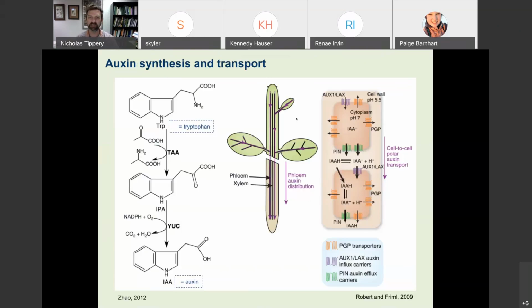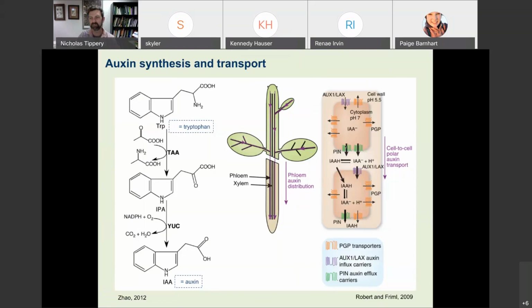So as the video suggested, the shoot tip is responsible for manufacturing auxin, and then where that auxin gets transported to can give you different responses. On the left here, this illustrates that auxin is a derivative not too far off from a common amino acid, tryptophan. And then the PIN molecules are one of the ones that are responsible.